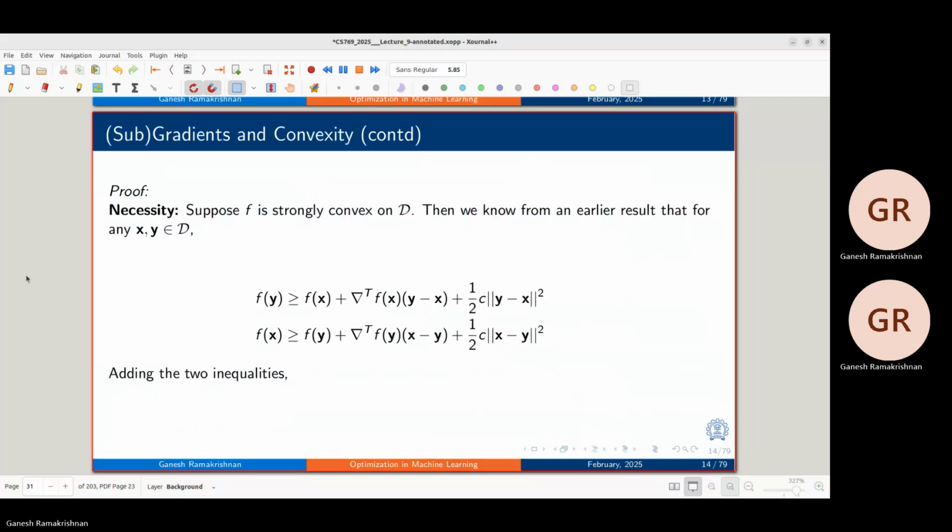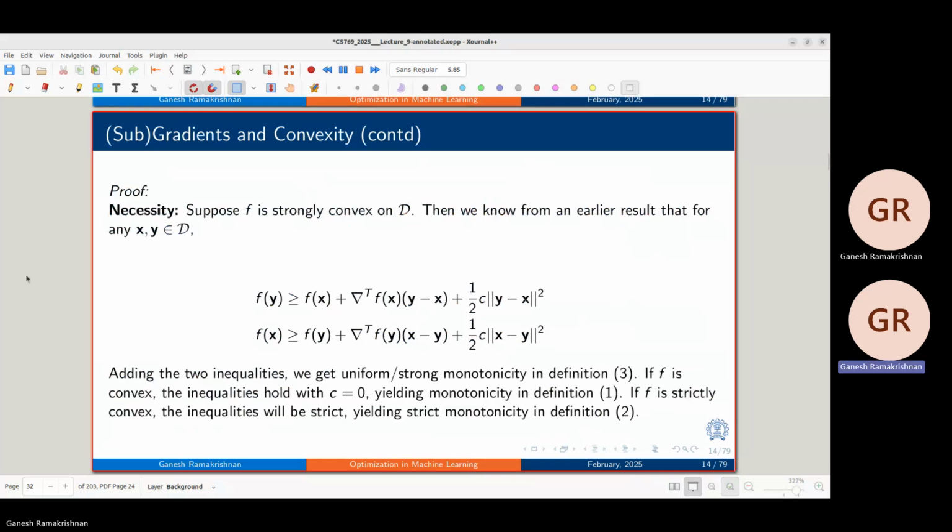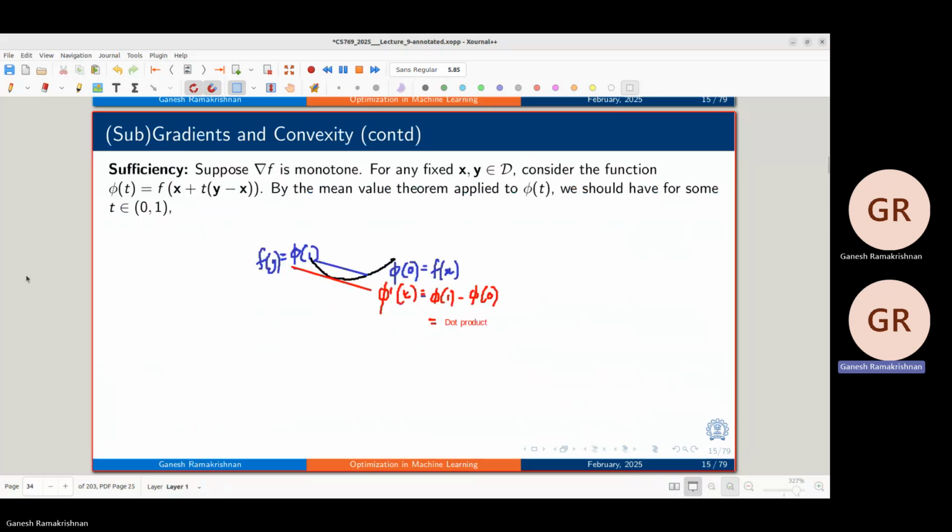Necessity: show that for the differentiable case. This is very simple. It's too boring to do all of this in class. The necessary condition is to show that if it's strongly convex, then the gradient is strongly monotone. Then sufficiency for the same.